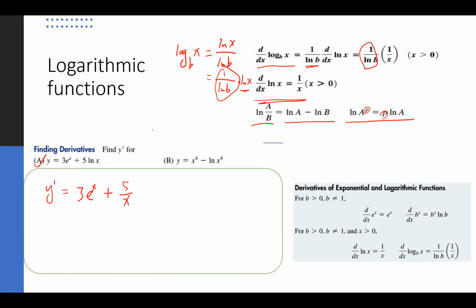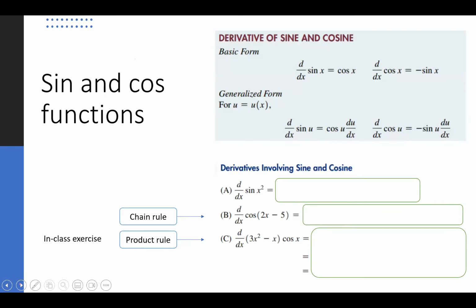Okay, so that's for the logarithmic function. Next, we have the sine and cosine functions. Again, this rule is just to remind ourselves. Something extra is that we have this generalized form, which means that u itself is actually another function of x.